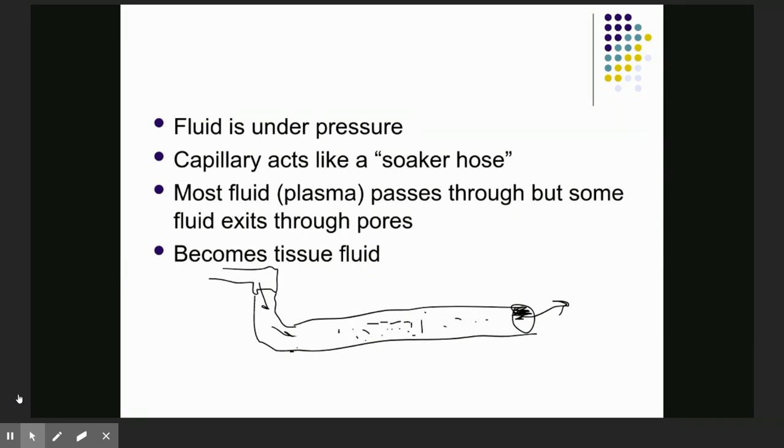And so the pressure in here is going to increase. And if the pressure in the hose goes up, fluid is going to begin to come out of these little holes. So still, most of the water is going to come out there, but now some of it's going to begin to come out these little holes. Does that make sense to everyone?